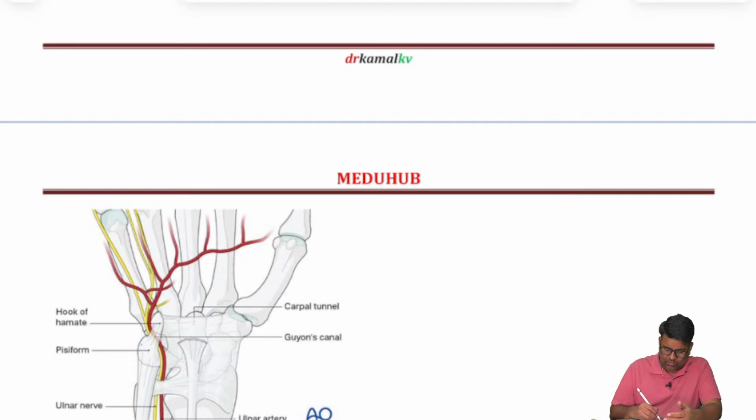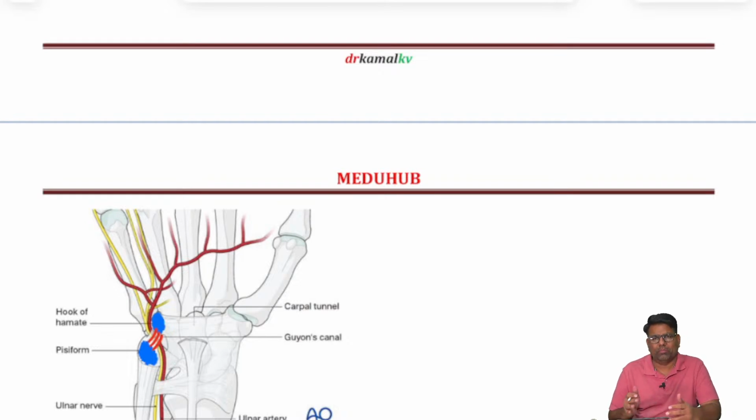This is the pisiform bone here, and then there is the hook of the hamate. Then there is a retinaculum which covers these two, so it converts the area into a tunnel through which the ulnar nerve passes.